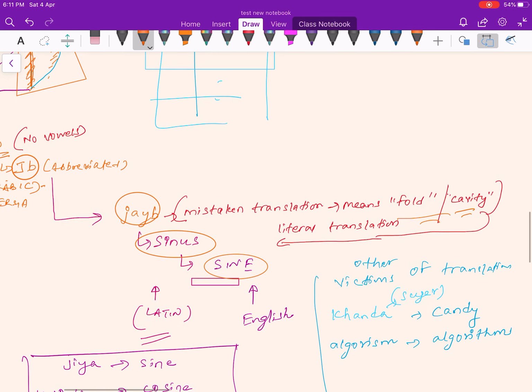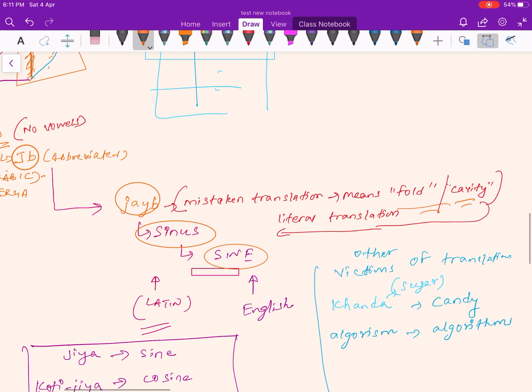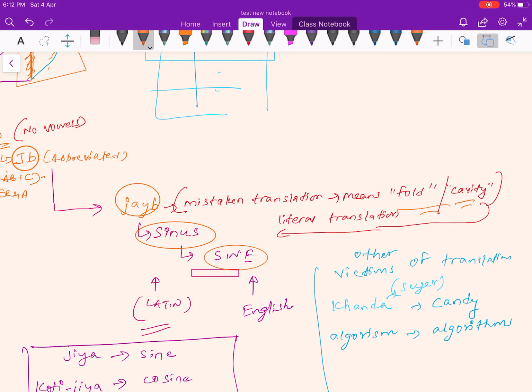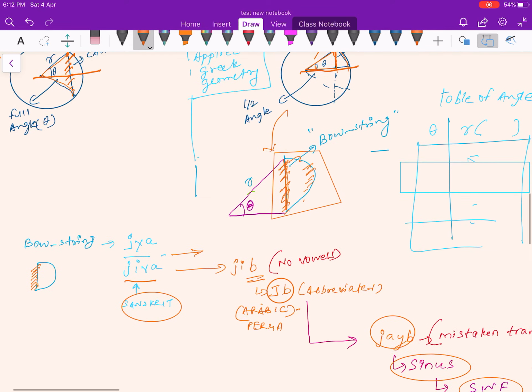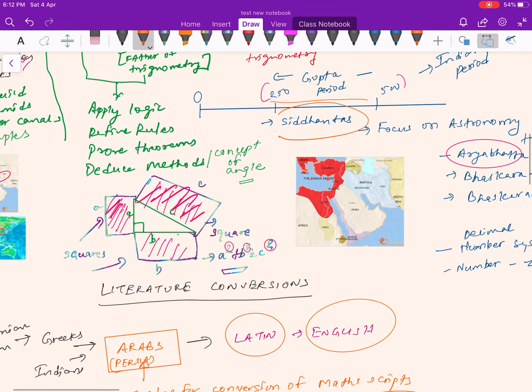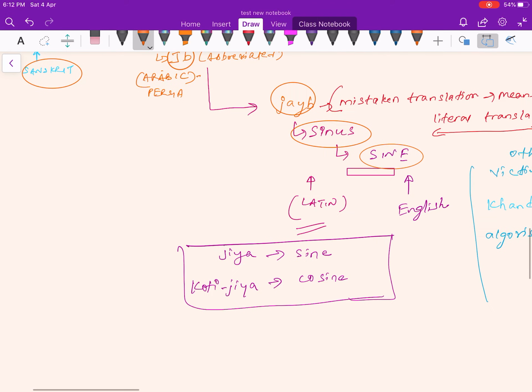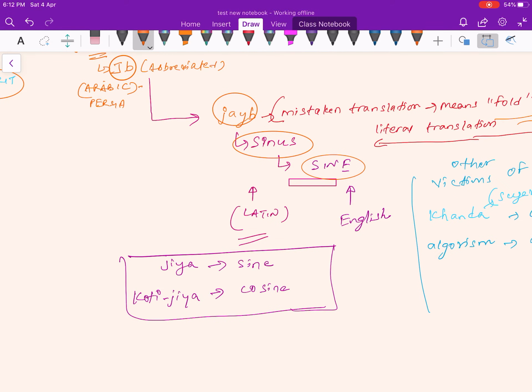So that's the history of the word sine. It does not mean anything. It's just a wrong translation of the word jiva, which was an Indian invention and came from the Indian world of tables. When it moved across the world, across different time scales, back and forth, it was misconstrued as sine.